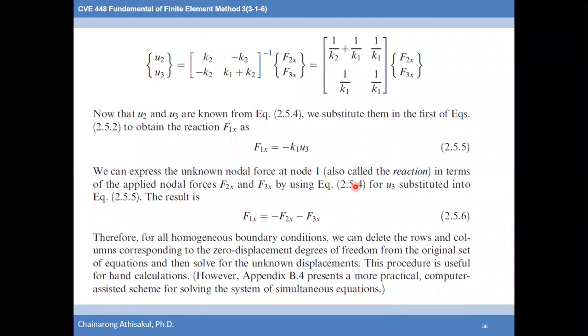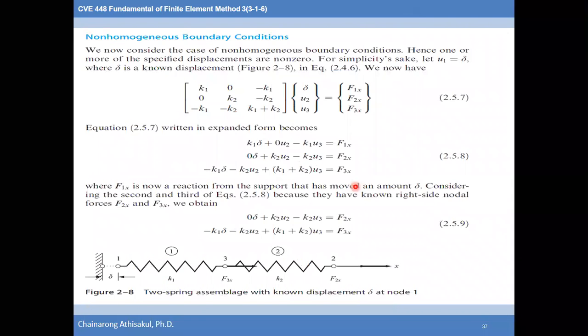Okay, so the next condition is the non-homogeneous boundary condition. For non-homogeneous boundary condition, what does it mean? It means that the boundary value is not equal to 0.